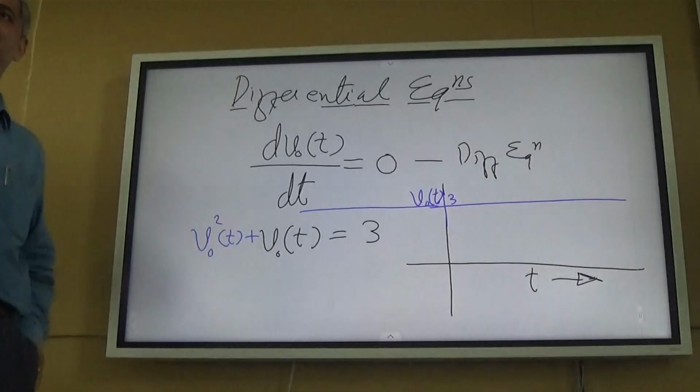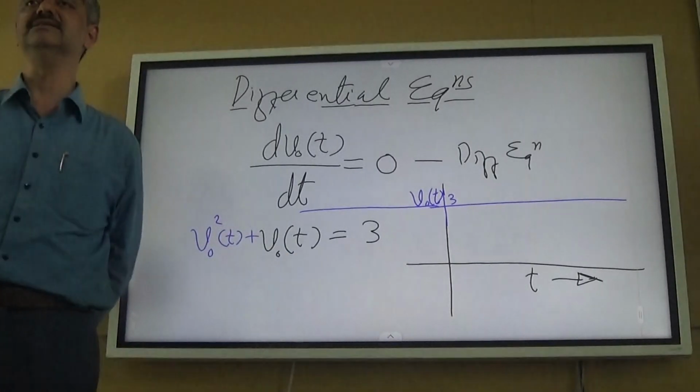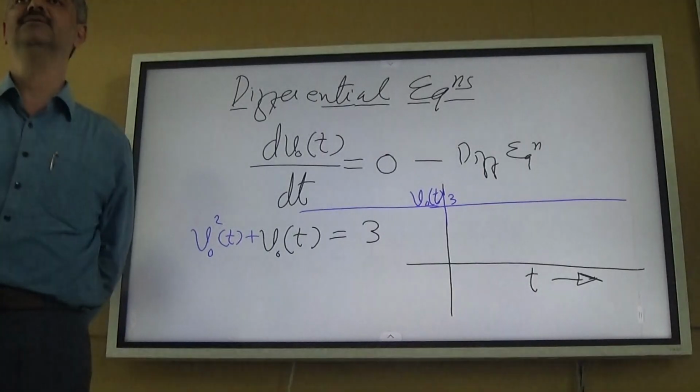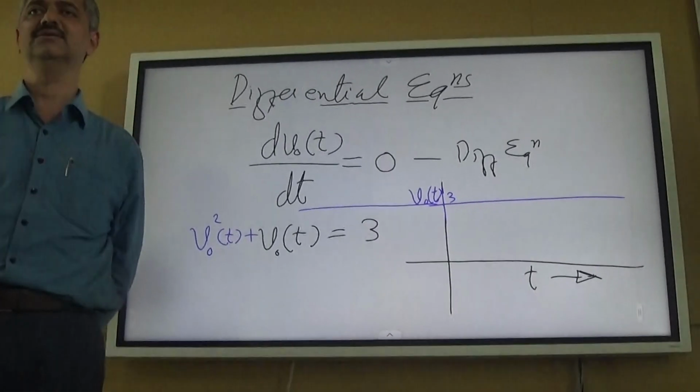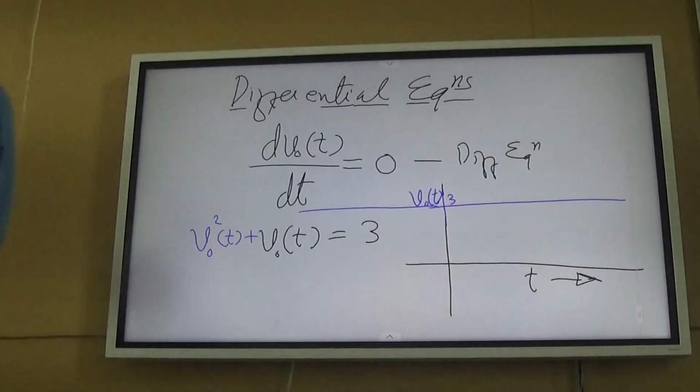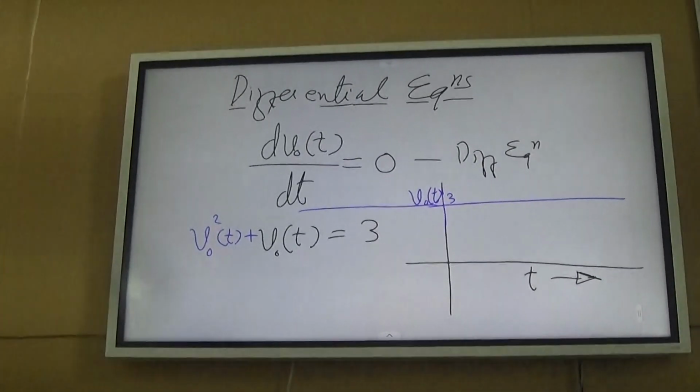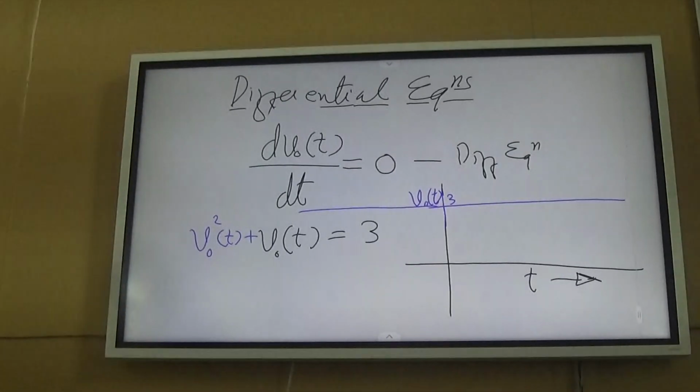So you may have one more equation: V(t) square plus V(t) is equal to 3. So how will this look? What is the solution?